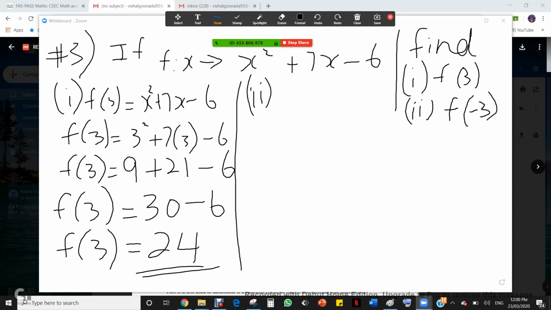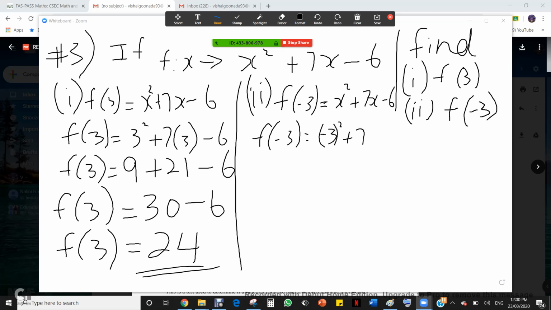So f of negative 3 is equal to x squared plus 7x minus 6. So f of negative 3 is equal to negative 3 squared plus 7 into negative 3 minus 6.